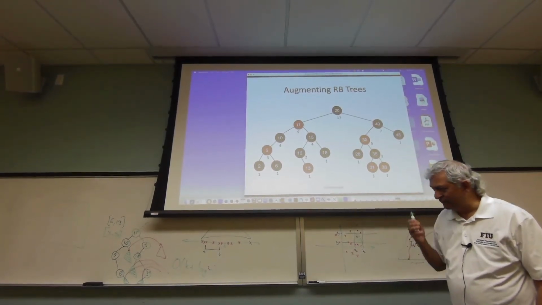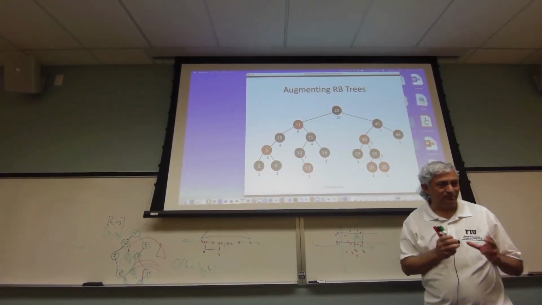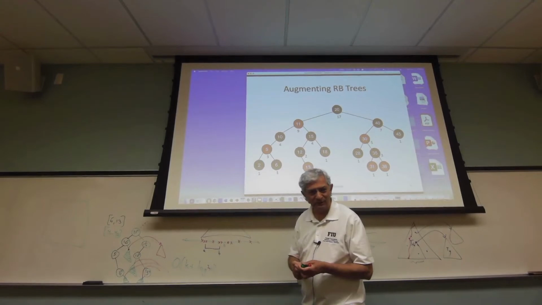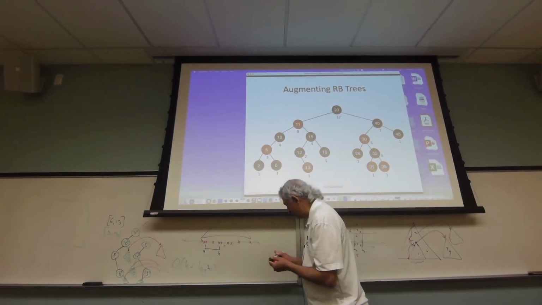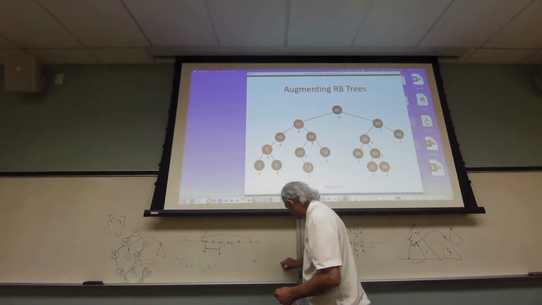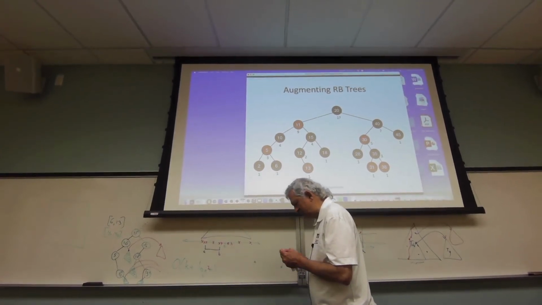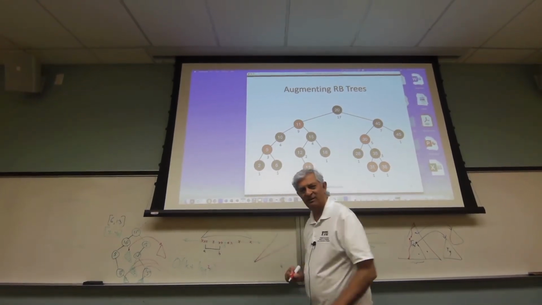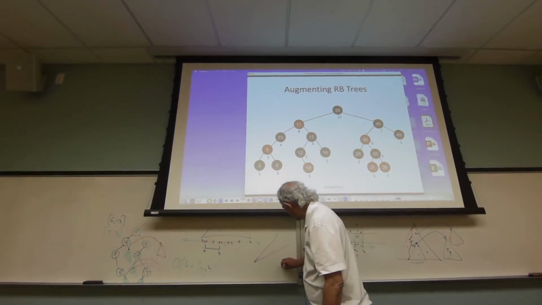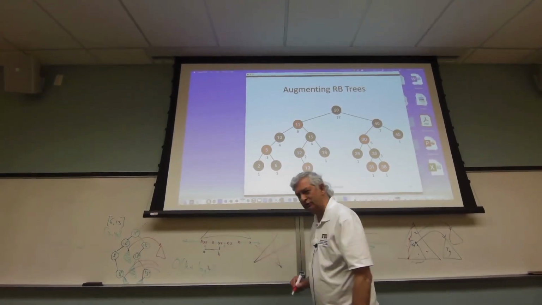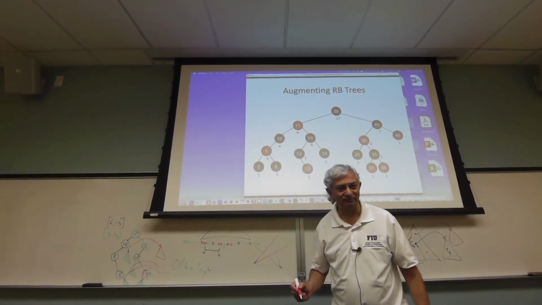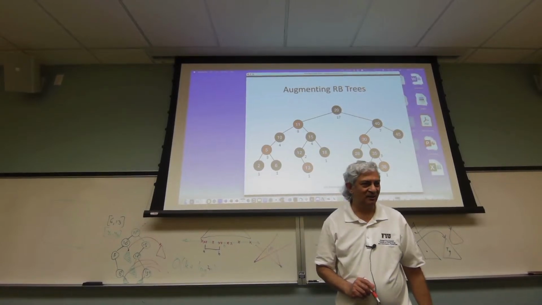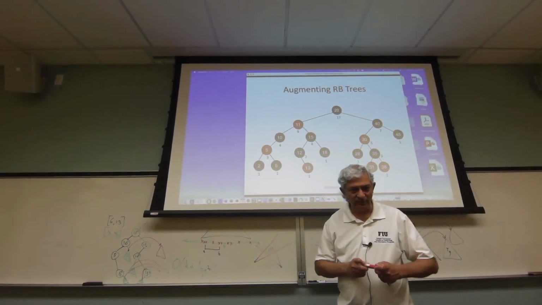Now, if you recall, there was this one nice problem where we said, find me all the things. You're given 2 points, and I will tell you what range of angles to look at from here, and what range of angles to look at over here, and your job is to find everything that's in between. This was the strange, interesting problem that we looked at. How am I going to solve this? Very simple.